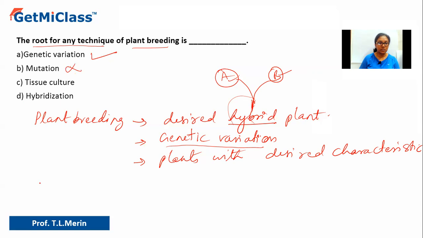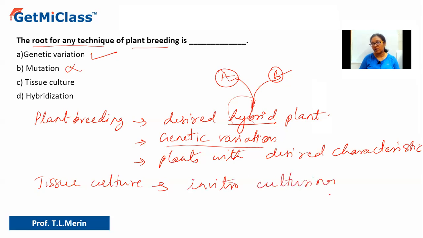Option C says tissue culture. So what do you mean by tissue culture? Tissue culture is nothing but in vitro culturing of plants, where you can take cells, tissues, buds, any part of the plant, and culture it.